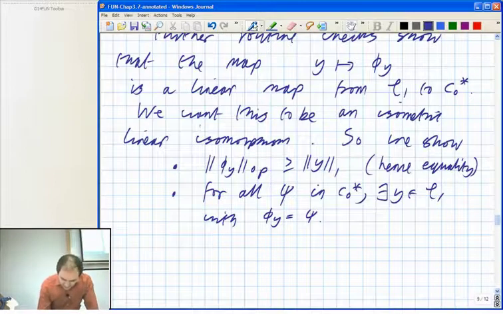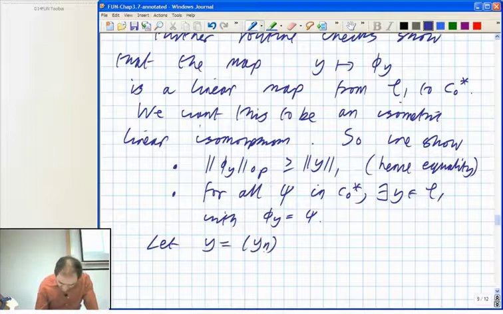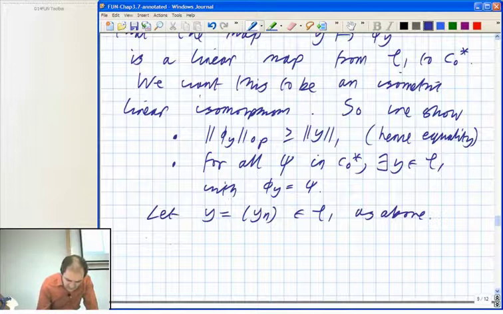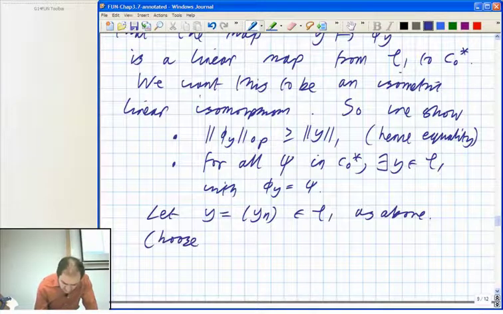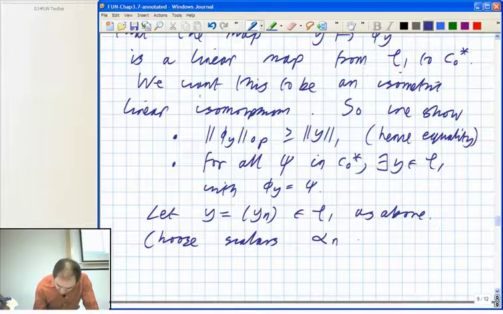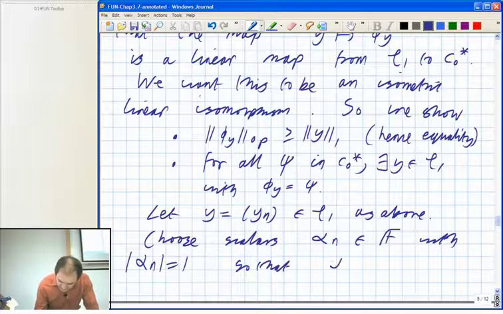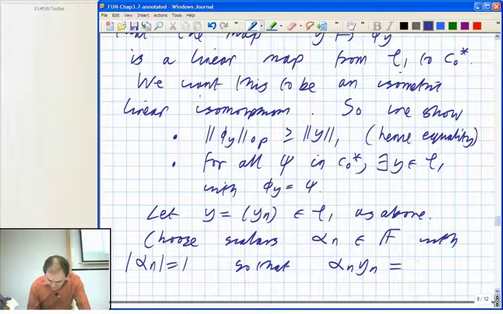Again, let y equals yn in L1 as above. So each yn is in F. Choose scalars alpha n in F with modulus of alpha n equals 1, so that alpha n yn equals mod yn.